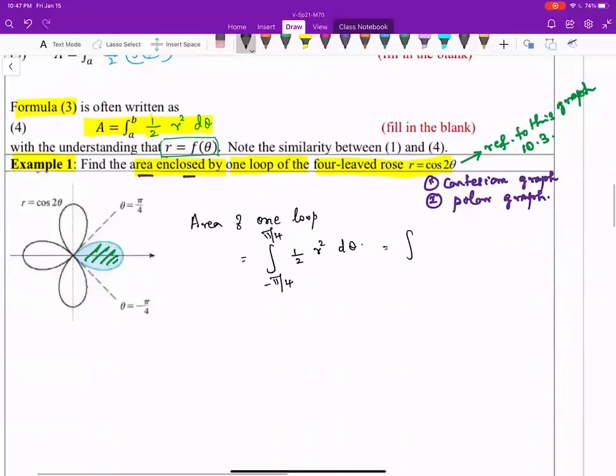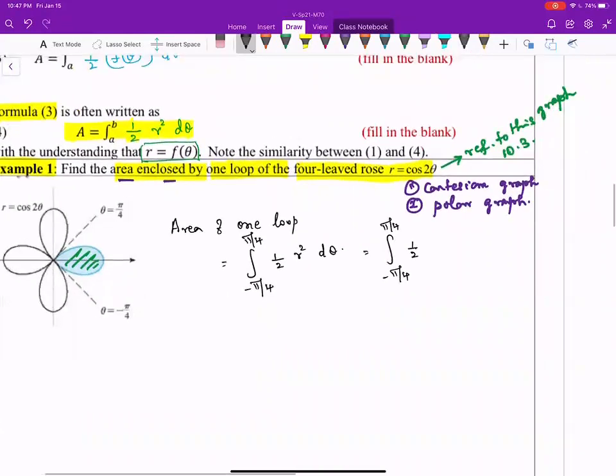What is r? r is given by cosine of 2 theta, as stated in the problem. So we use that to write r square as cosine square 2 theta d theta.